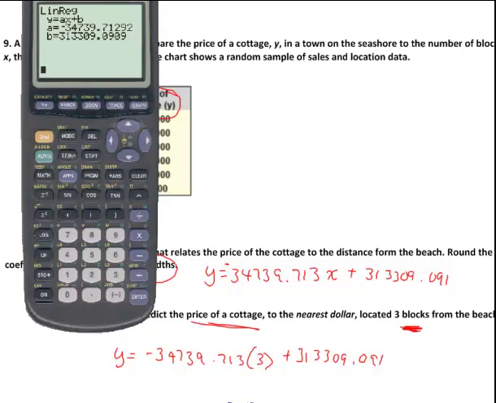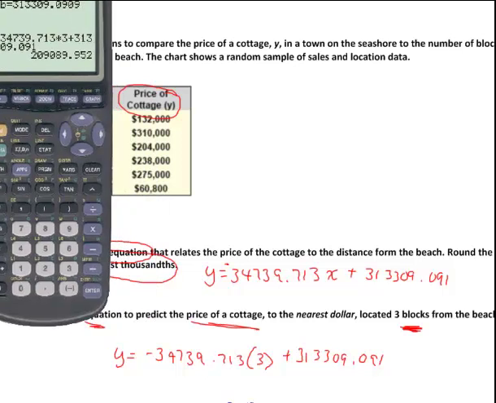All right. Negative 34739.713 times 3 plus 313309.091 gets me that.